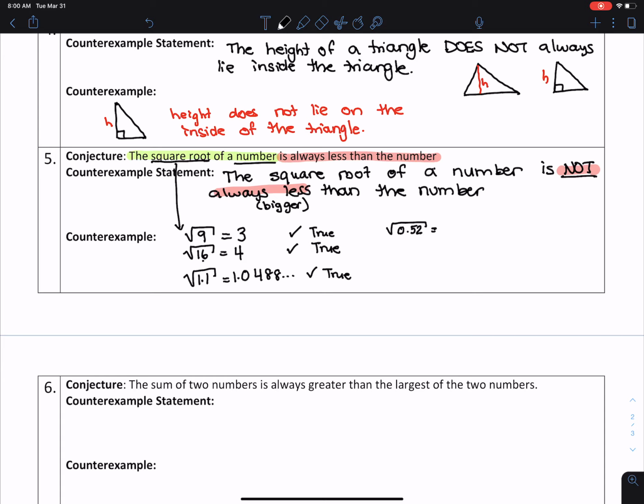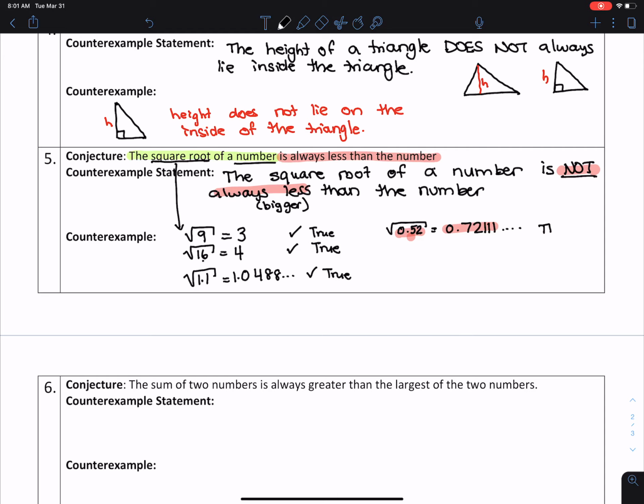If I take the square root of 0.52, my answer is 0.72111 and then a whole bunch of other numbers. But then when I look, my original number is smaller than my answer, and this is actually a counterexample to the statement that's given.